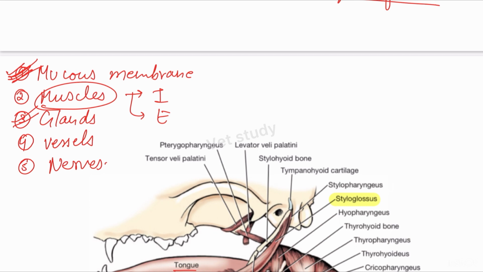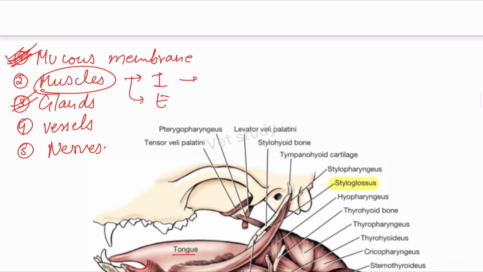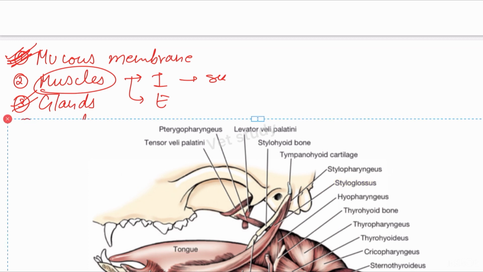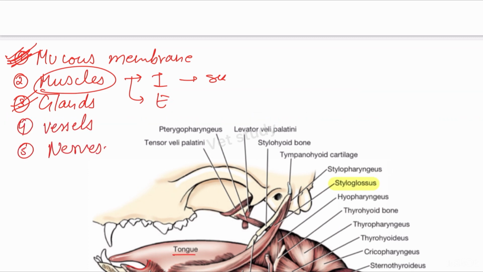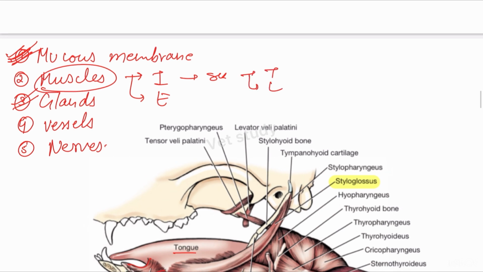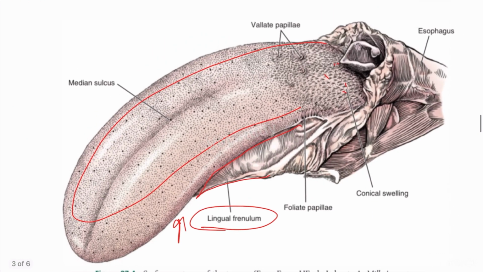So intrinsic muscles are skeletal muscles, and they are directed in longitudinal, transverse and vertical directions. They may be transverse, they may be longitudinal, and they may be vertical. Transverse means, if this is the structure, let me show you, some muscles are present like this.